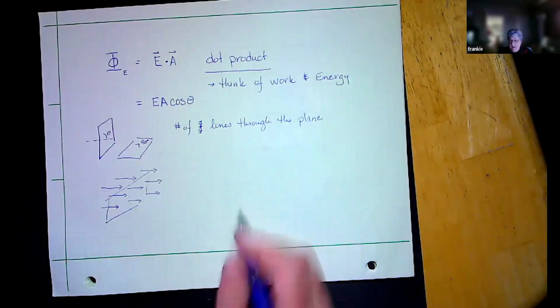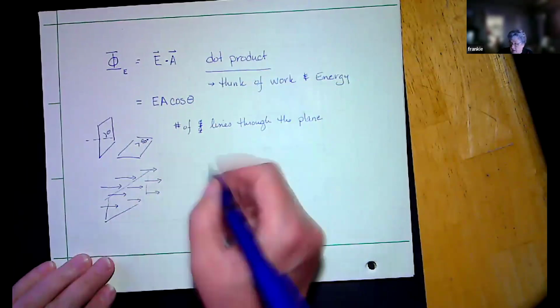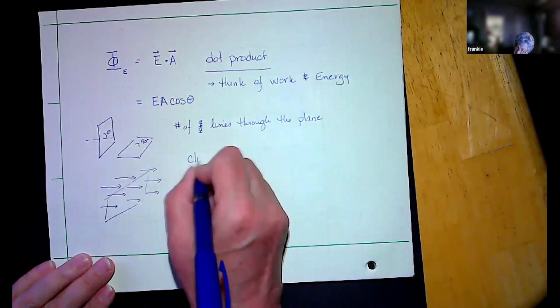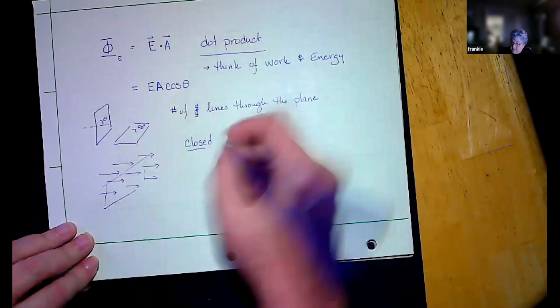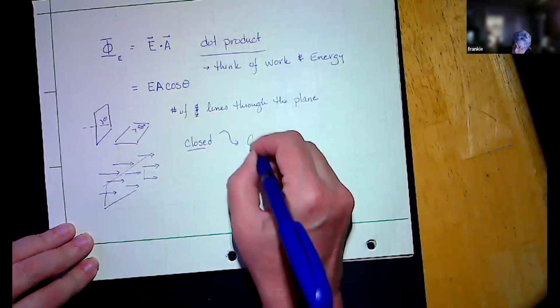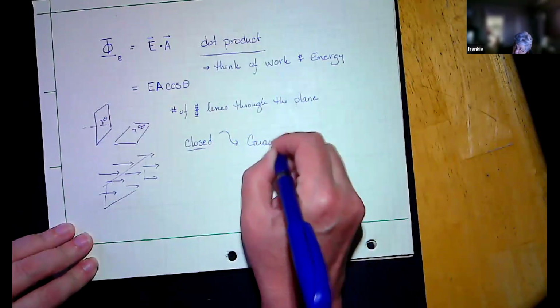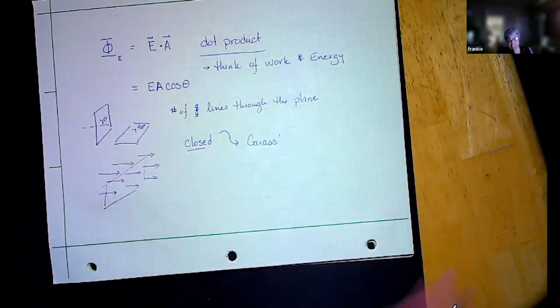Now we can think of a surface, a closed surface, and we can actually get this down to what we call Gauss's law, and you can actually review it in your text.